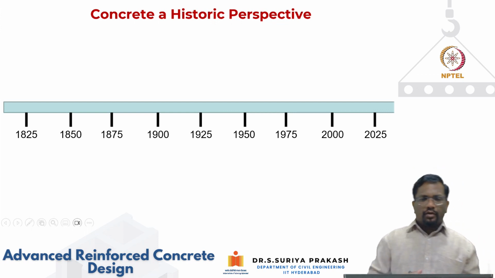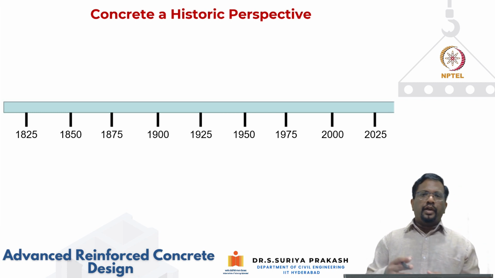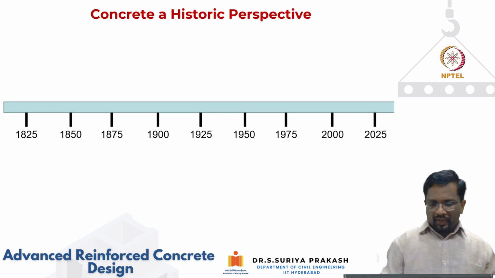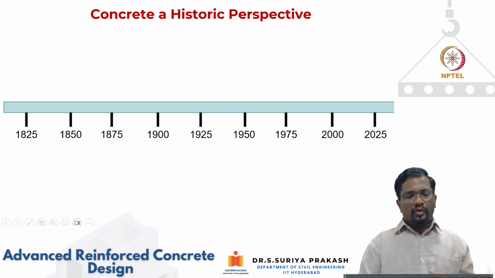Now let's talk about the history of reinforced concrete and how concrete has evolved over a period of time. People have been using concrete from time immemorial, especially the Romans, and there is documentary evidence from even before that. I'm going to talk only about what has happened in the last 3 centuries.